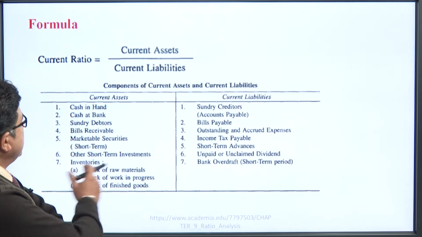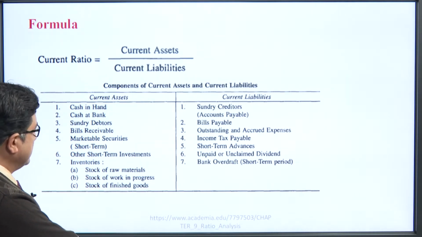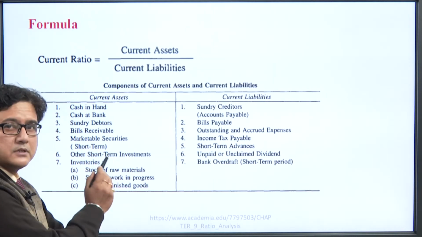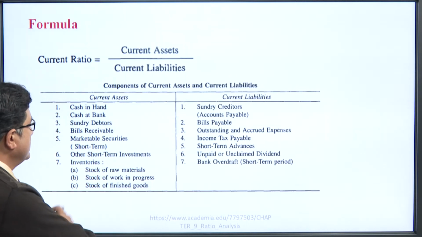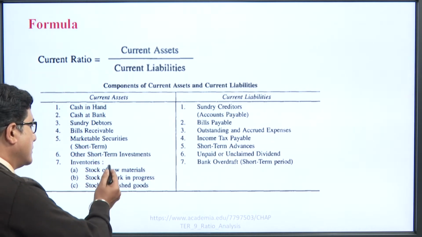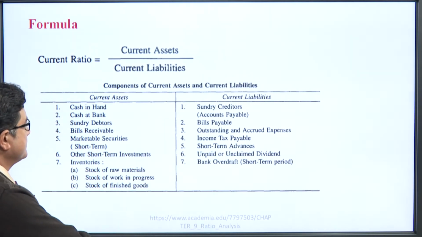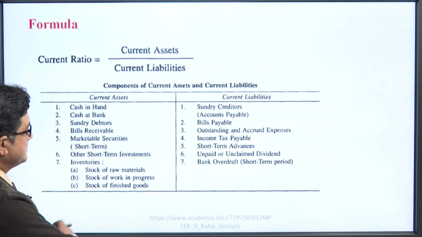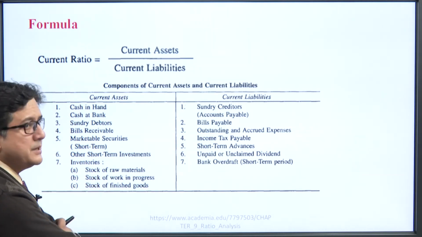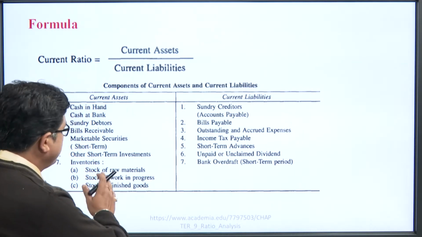Current assets are like cash in hand, cash at bank, sundry debtors, bills receivable, marketable securities, other short term investments, inventory of all three types: raw material, work in progress and finished goods. Sometimes we also add prepaid expenses as current assets.